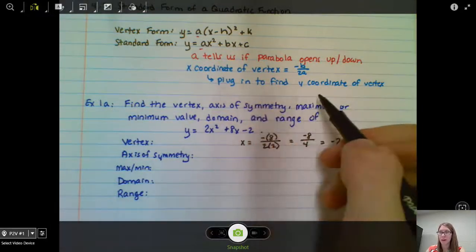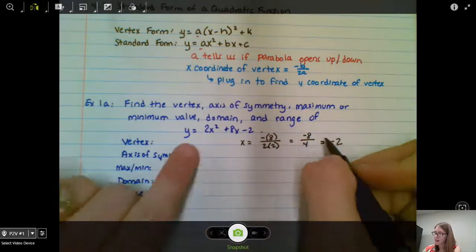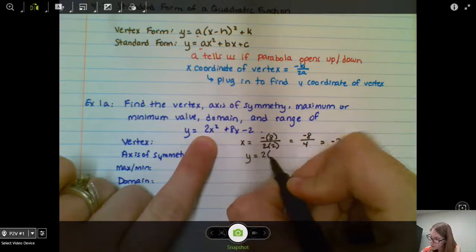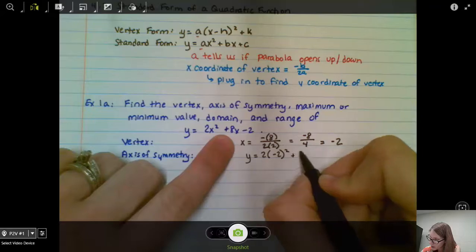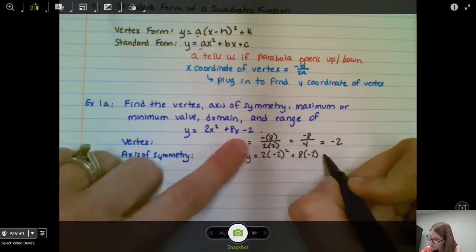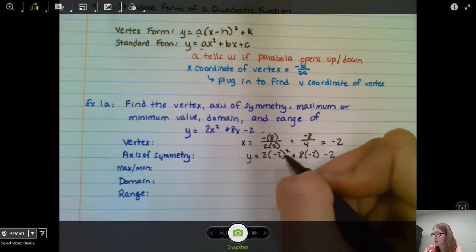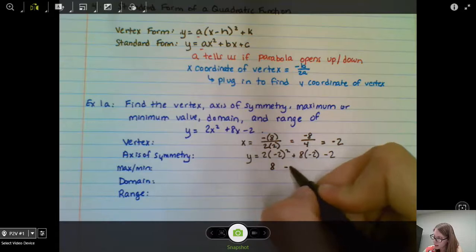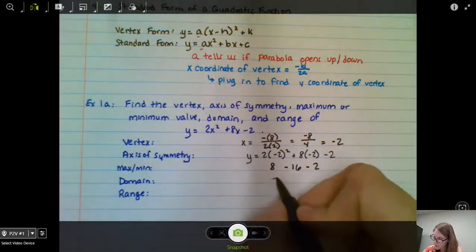Plug it in to find the y-coordinate of our vertex. Plug this negative 2 in for x into my equation. Y equals 2 times negative 2 squared plus 8 times negative 2 minus 2. And we can work this out. Negative 2 squared is 4. 4 times 2 is 8. 8 times negative 2 is minus 16 minus 2.